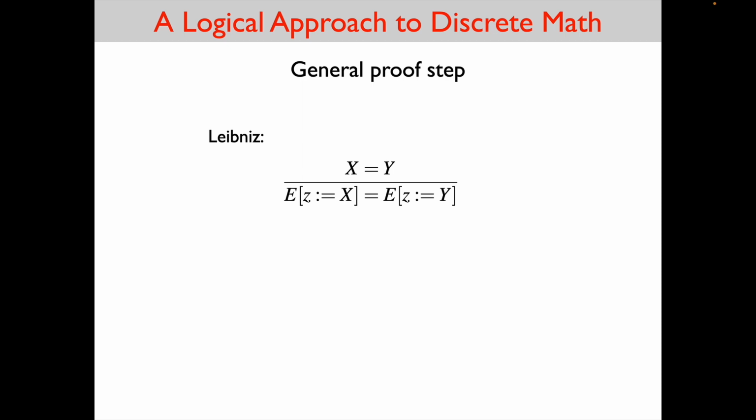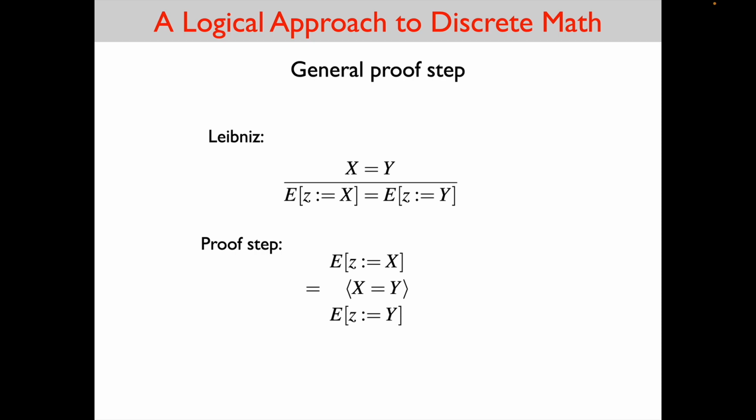You see, the way we use Leibniz in the step of a proof, the format of Leibniz is x equals y. If x equals y is true, then e with 0 replaced by x equals e with 0 replaced by y. So how does that work out as the step of a proof?